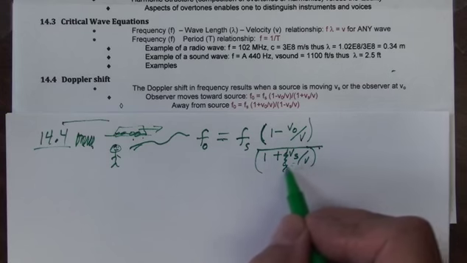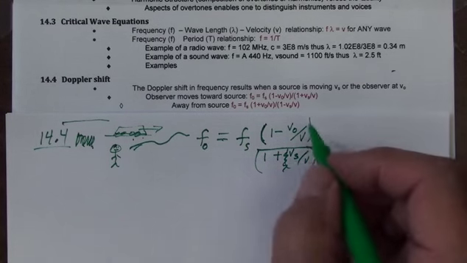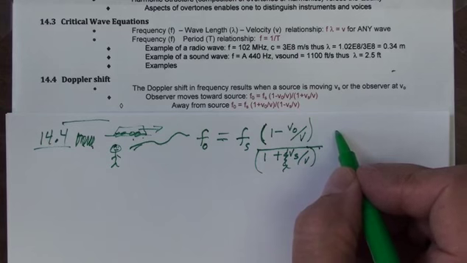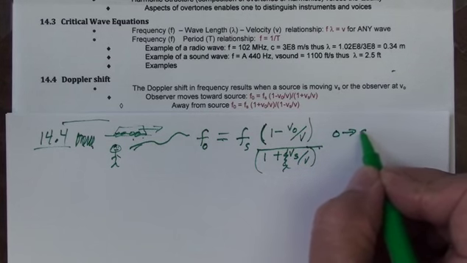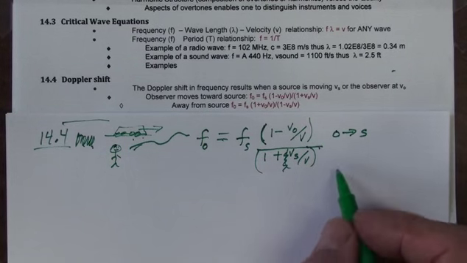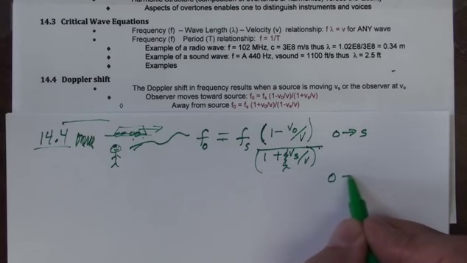I put that parentheses in the wrong place. This is where the observer is moving toward the source. Then we have another one where the observer is going away from the source.